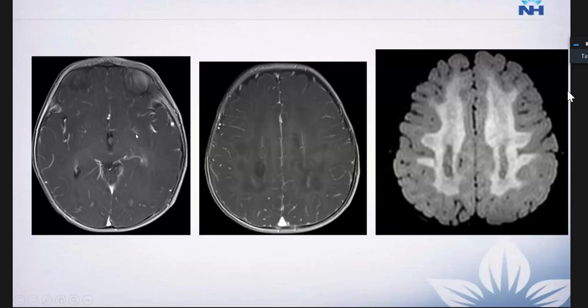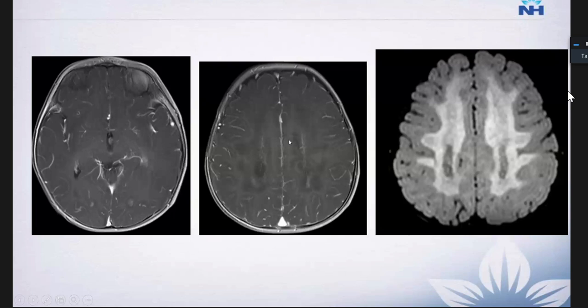These are a few more T1 post contrast as well as FLAIR images. FLAIR images are very useful when you are suspecting some sort of cystic changes or cavitation, then FLAIR images can be confirmatory, and they can delineate those kinds of changes much better in contrast to T2 weighted images, in which everything looks bright.